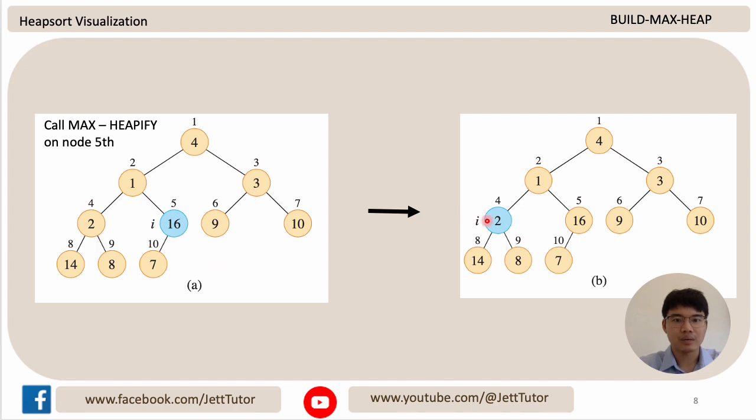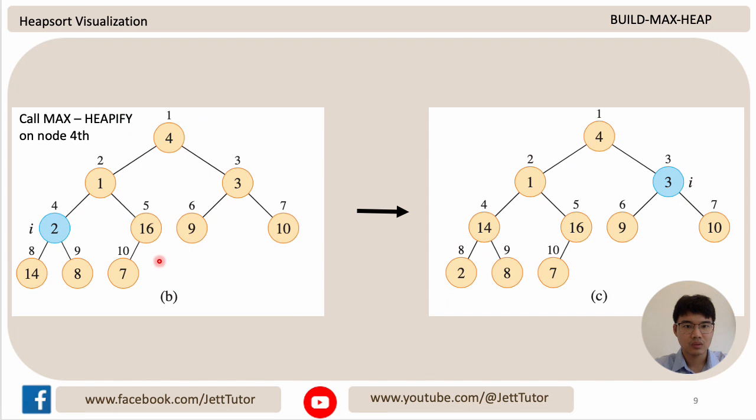Then we have to call the max heapify on node 4. Once we call the max heapify on node 4, we alter the node 4 values, and the result is in figure C.